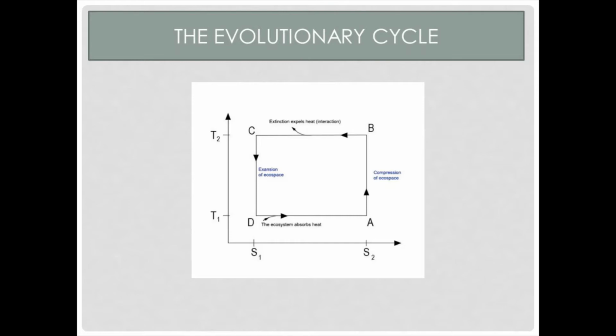Between A and B, the compression of the ecospace happens because of overpopulation, the degradation of the environment, and the competition for resources becomes fierce, and this makes the ecosystem vulnerable to environmental influences.